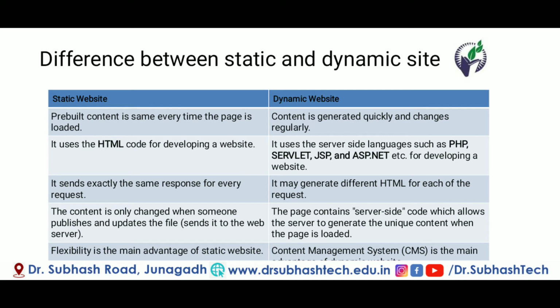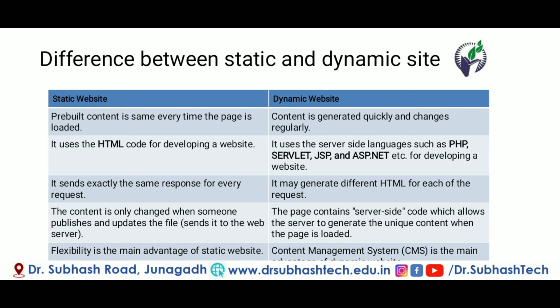While in a dynamic website, the content is generated and changes regularly, so according to the request, the response is generated. A static website uses HTML code to develop a website, while in a dynamic website you use a number of technologies such as PHP, Servlet, JSP, ASP.NET, Python, etc.